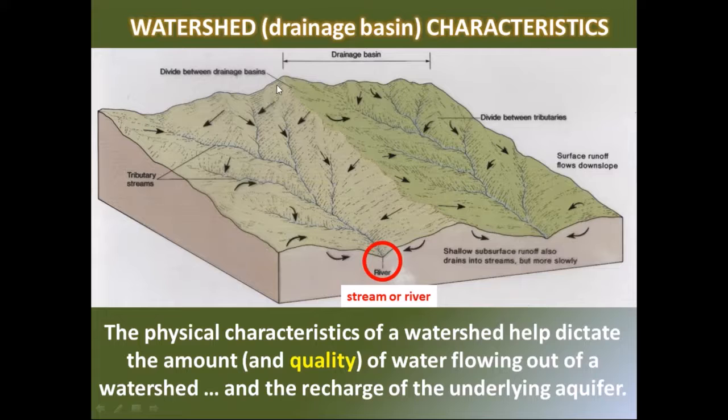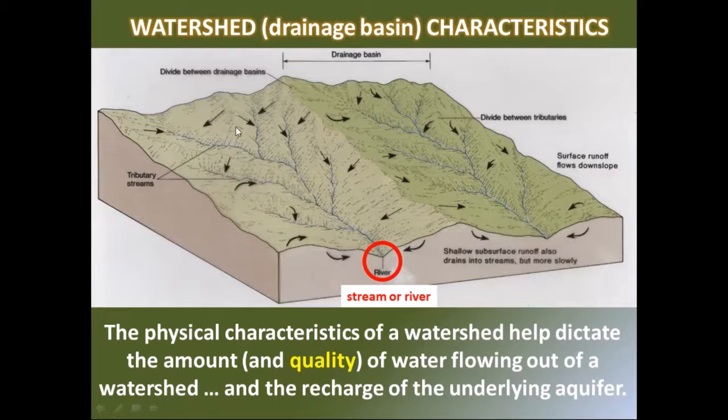So in the diagram in front of you, we can see one drainage basin in this light green color, and the adjacent drainage basin in this darker green color, and they're separated by this topographic high point, this ridge line, this divide. Within each drainage basin are miniature drainage basins, if you'd like to think of it that way.